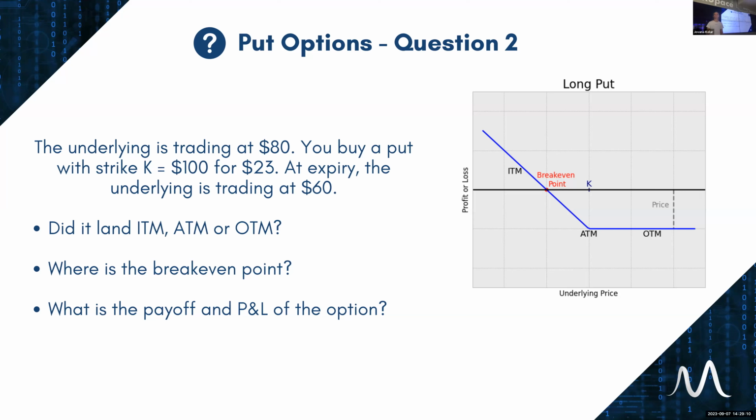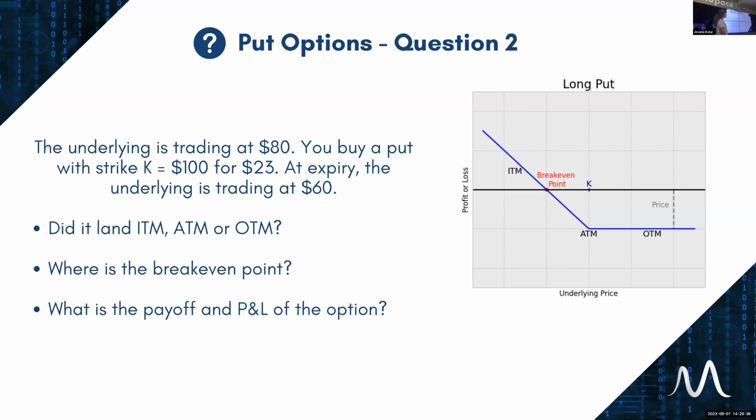I believe it's 100 minus 23, which would be 77. That's right. So it would be 100 minus 23, which is $77. And what is the payoff of your option? I believe it's $40.